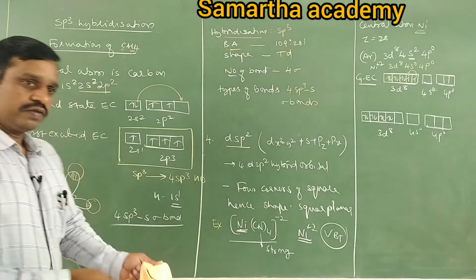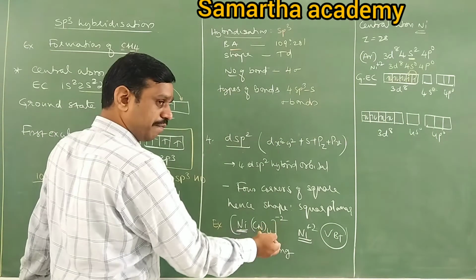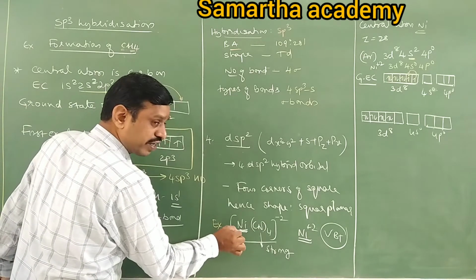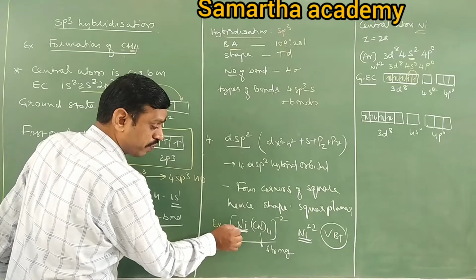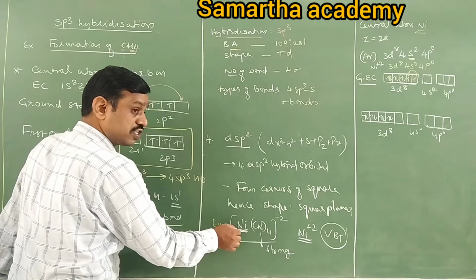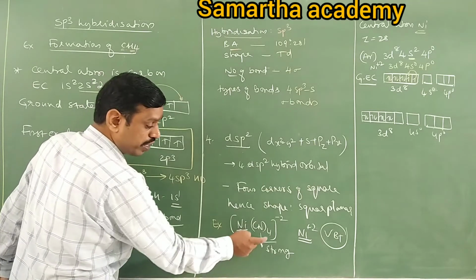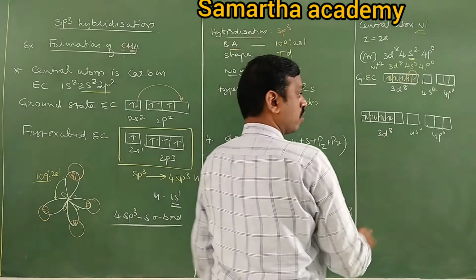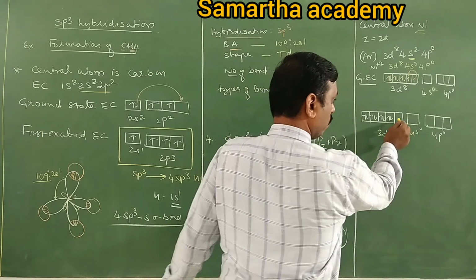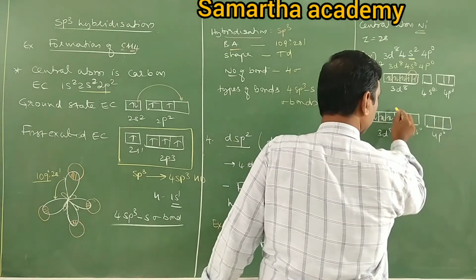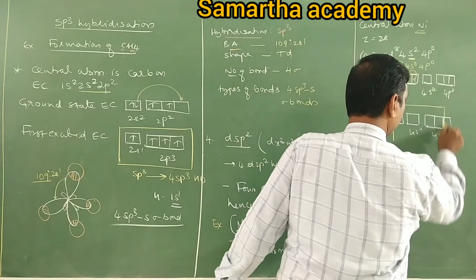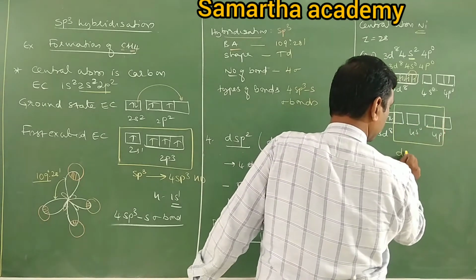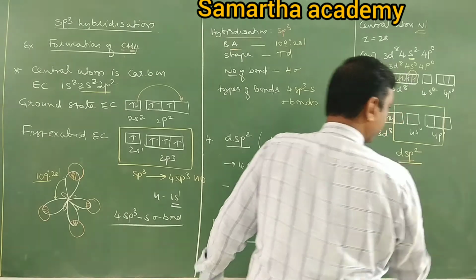According to VBT, nickel provides vacant orbitals equal to the coordination number. What is the coordination number of this complex? 4. So 4 orbitals undergo hybridization: 1 d orbital, 1 s orbital, 2 p orbitals. It is dsp2 hybridization.